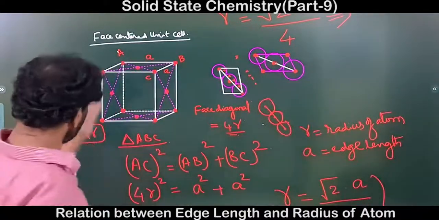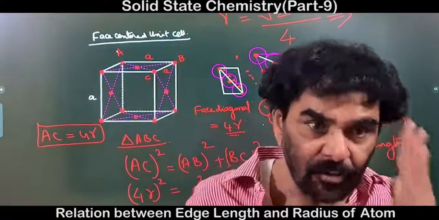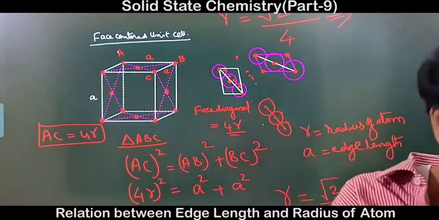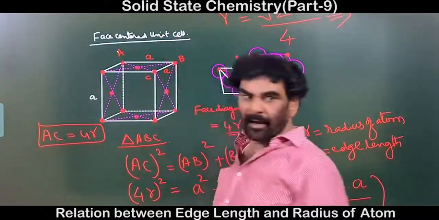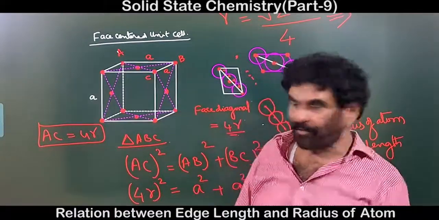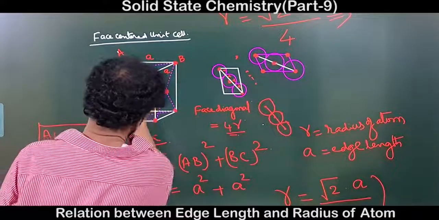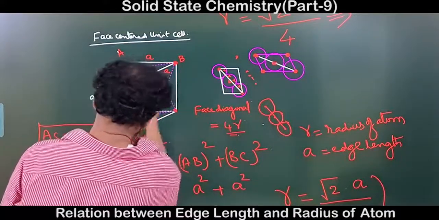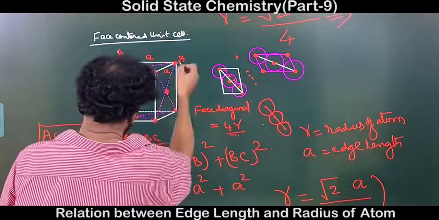Here you have to understand that these are only applicable if it is a cubic system. In the cubic system only, all edge lengths are equal, that is a. Now this is equal to the square of the hypotenuse of the right angle triangle.